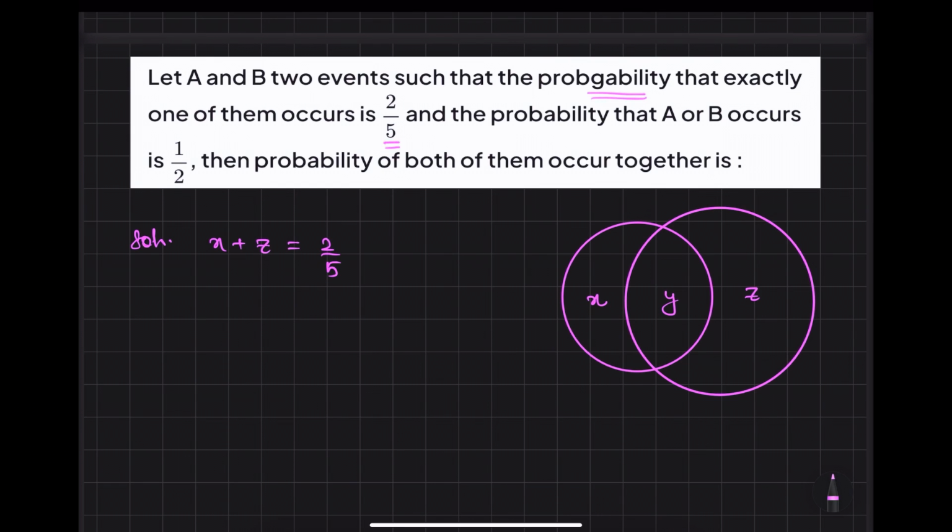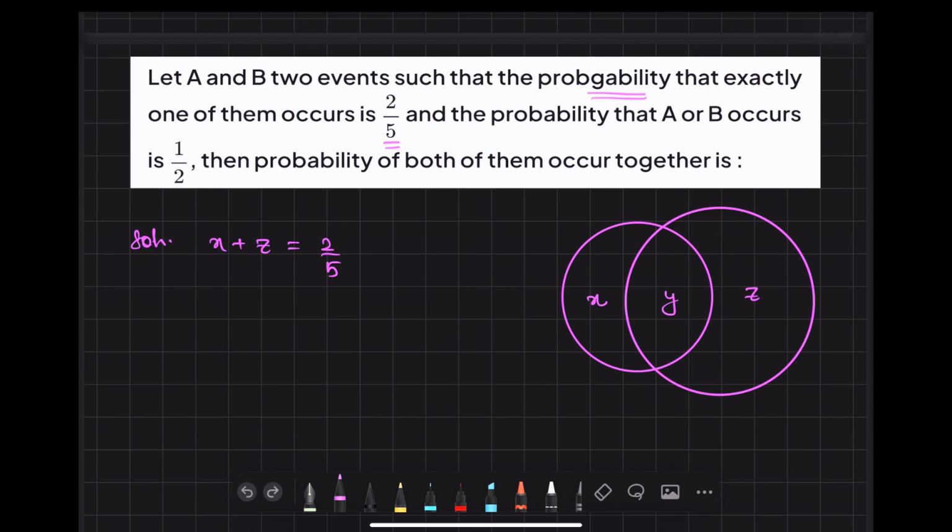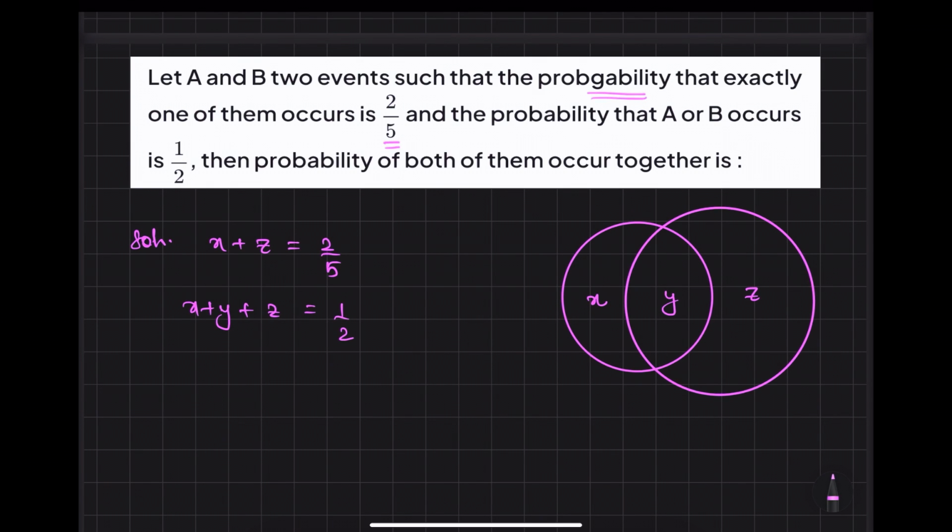And the probability that A or B occurs is 1 by 2. A or B means they are talking about this whole region. So can I write x plus y plus z equals 1 by 2. Then the probability of both of them occurring together means we have to find this y.